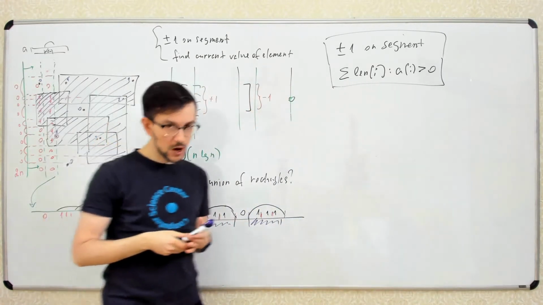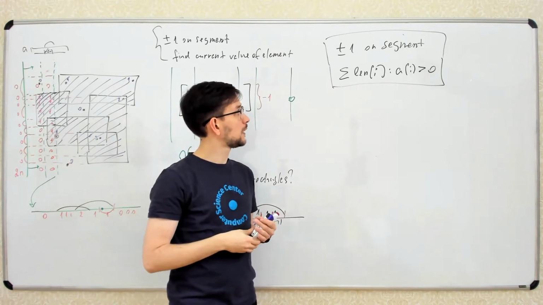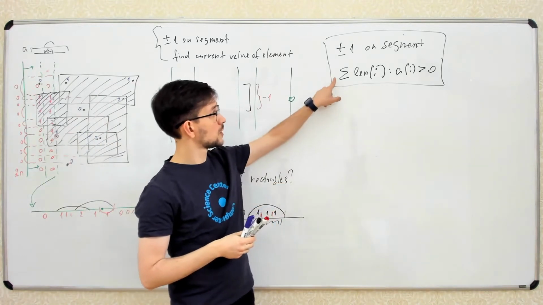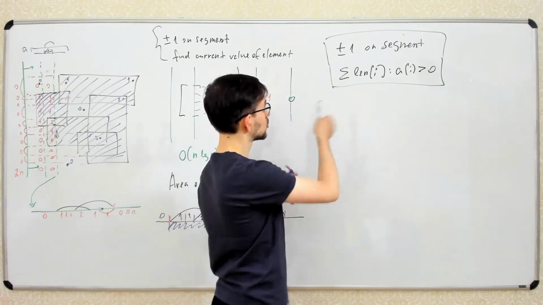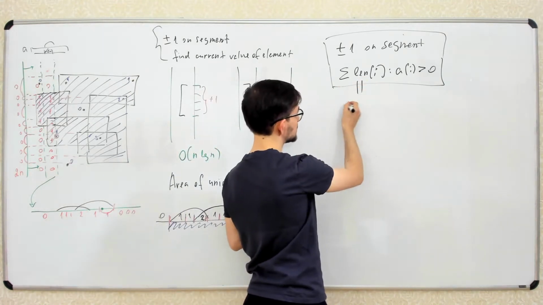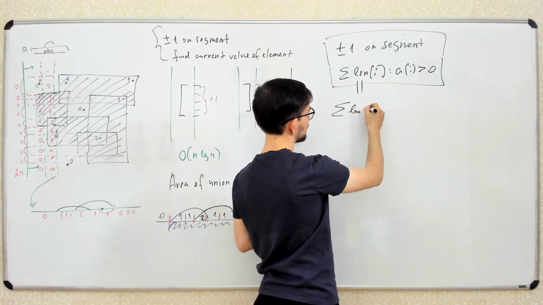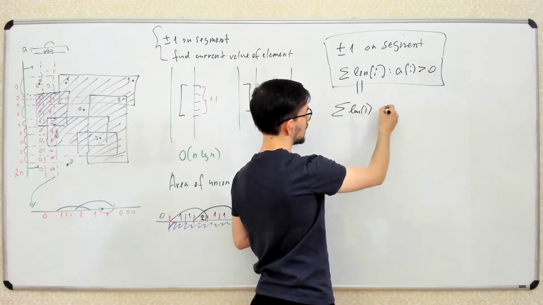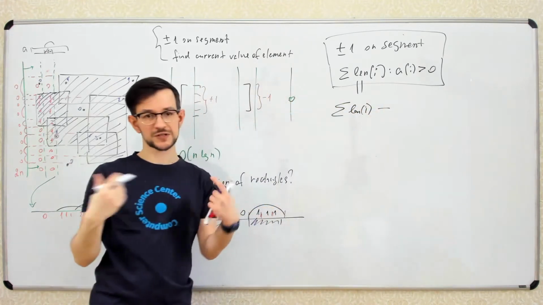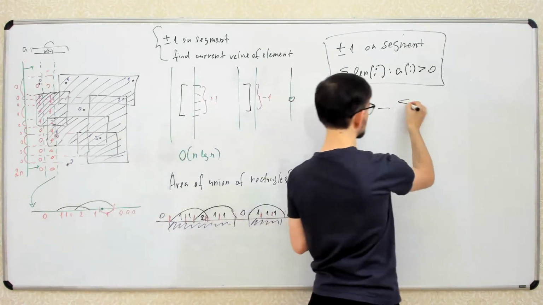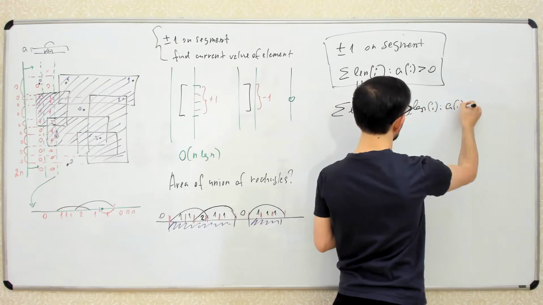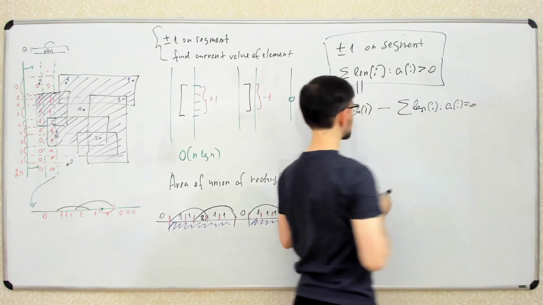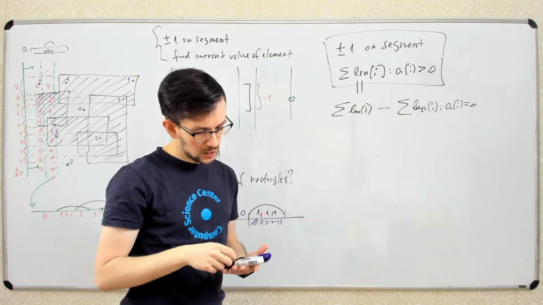The idea about how we can do it is very simple. Let's change this problem. If you want to calculate this sum, it is the same as the sum of all elements minus the sum of len I for I where the element equals 0.